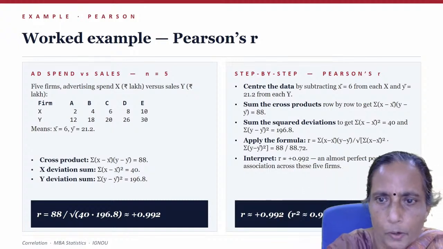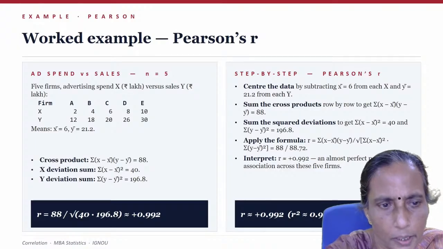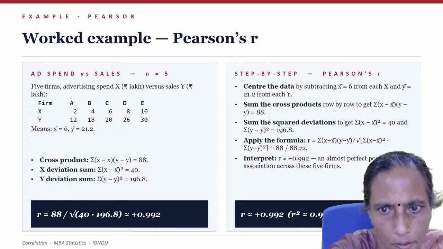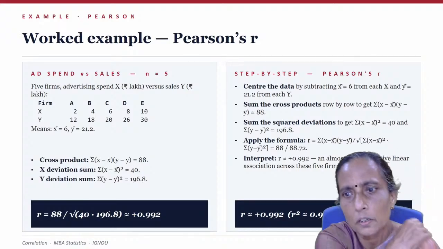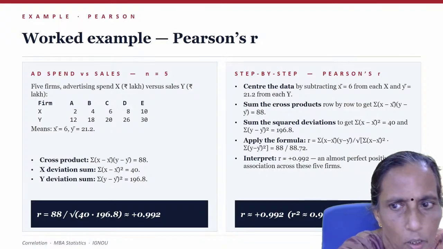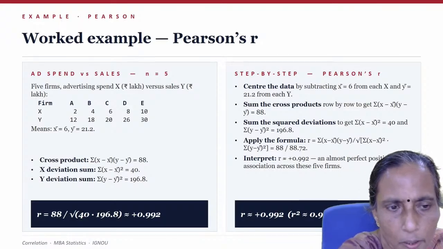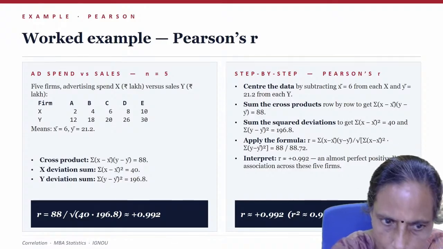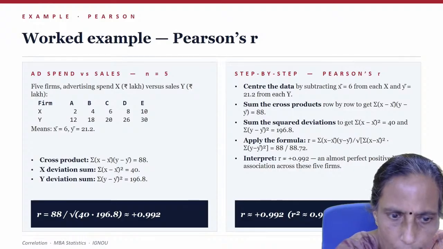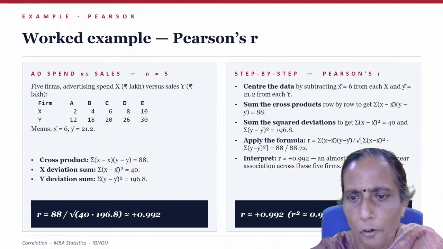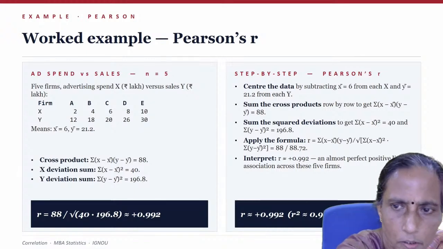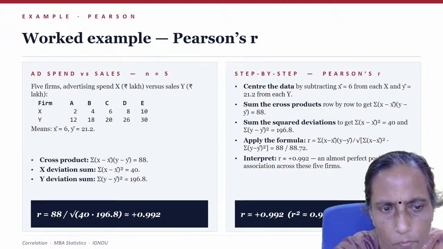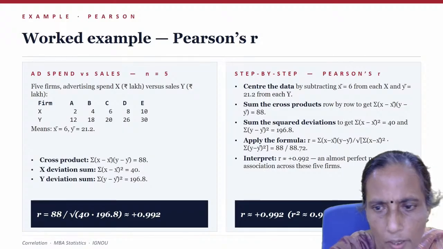Step by step: center the data by subtracting x bar, which is 6, from each x, and y bar, which is 21.2, from each y. So 2 minus 6, 4 minus 6, 6 minus 6, 8 minus 6, 10 minus 6, and the sum of their squares is 40. Similarly for y: 12 minus 21.2, 18 minus 21.2, 20 minus 21.2 and so on.